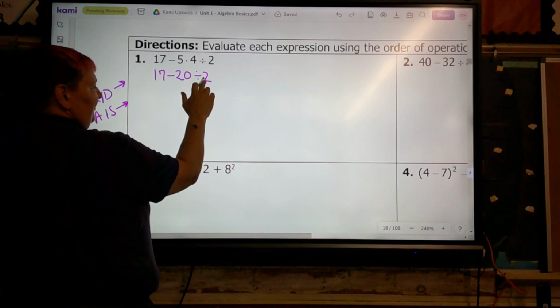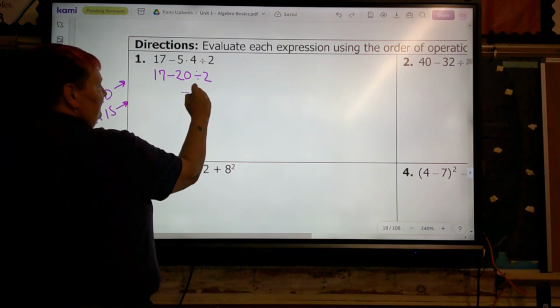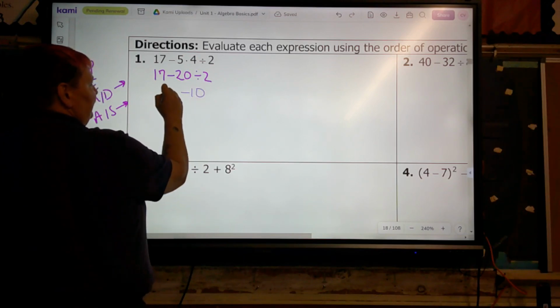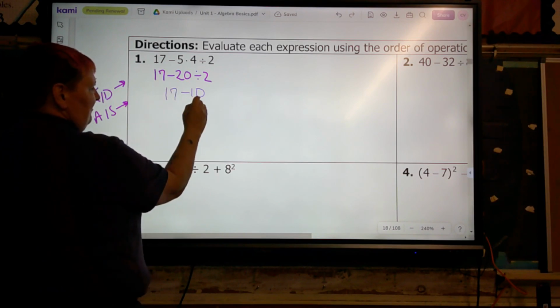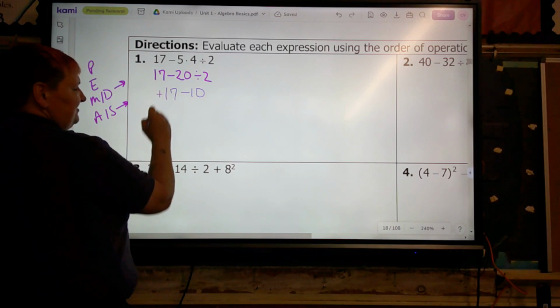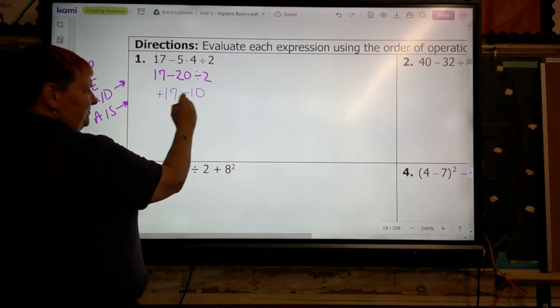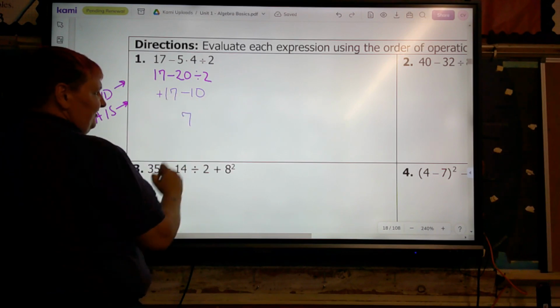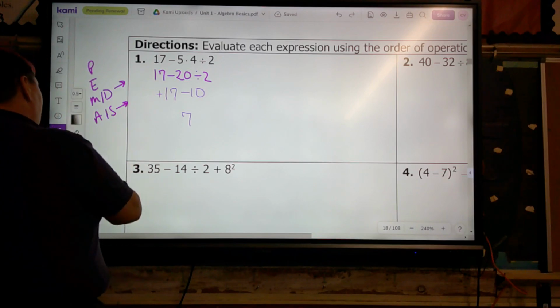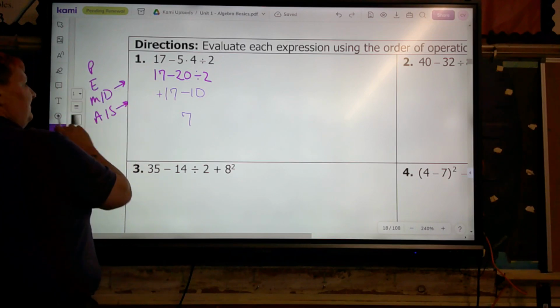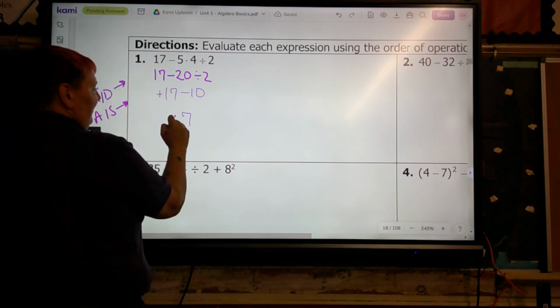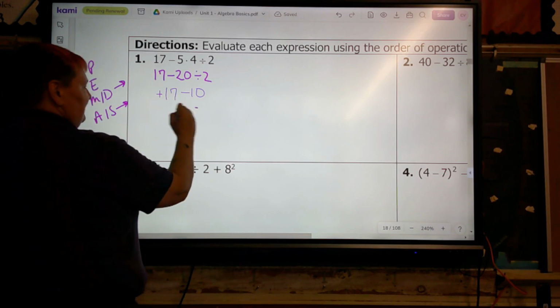Negative 20 divided by 2 is negative 10. Bring down our 17. 17 minus 10. This is a positive 17 minus a 10, so I'm looking for the difference. The difference between 10 and 17 is 7. Right? And the 17 is the bigger absolute value, so my answer is going to be positive 7.